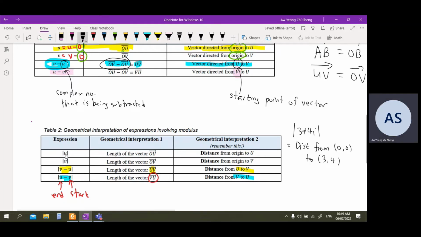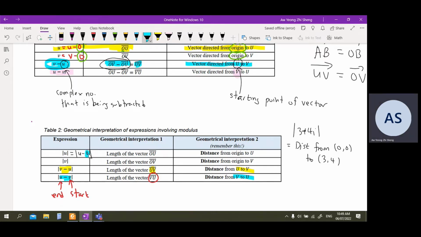Now, similarly, the modulus of u itself can be interpreted as modulus of u minus 0. When we have subtraction of two complex numbers here, 0 itself can be treated as the complex number 0 plus 0i. So u minus 0 can be treated as a subtraction of two complex numbers.